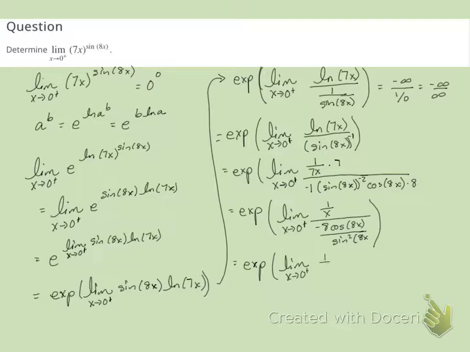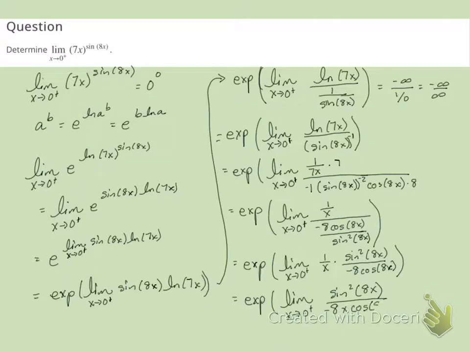So I'll have 1 over x times sine squared of 8x over negative 8 cosine of 8x. So this will give me the limit as x goes to 0 from the right side of sine squared of 8x over negative 8x cosine of 8x.